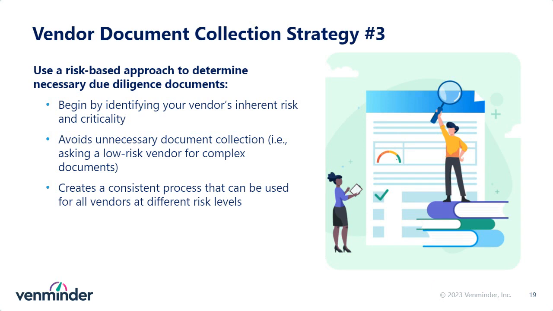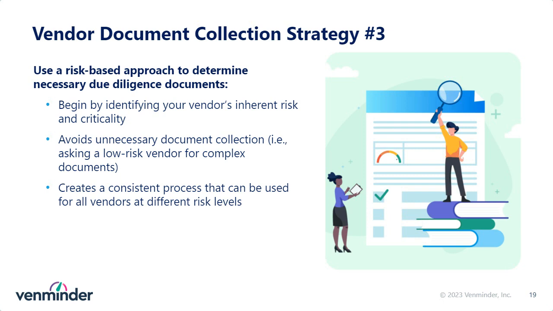First, it helps avoid a situation where you're asking a low-risk vendor for a document that's completely irrelevant to their product or service. You wouldn't want to ask a cleaning service provider to submit something like a data destruction policy because they aren't going to have access to your data and might not even have this type of document to begin with.